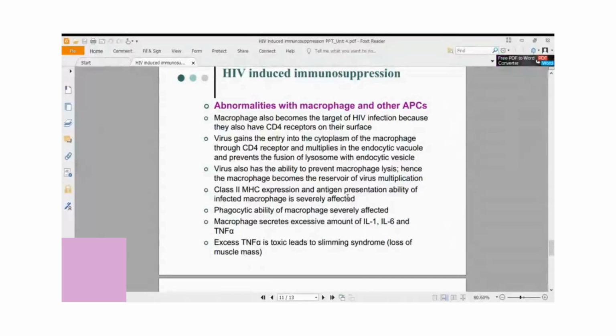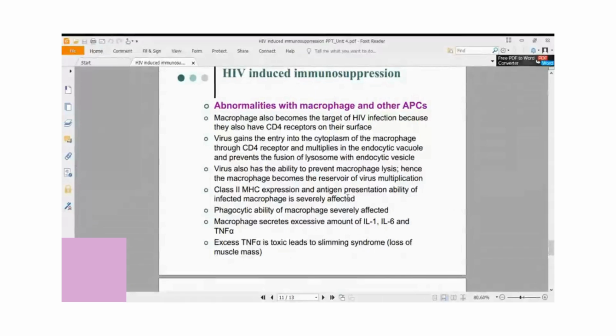IL-1 and IL-6 secreted in excess, and TNF alpha, will cause inflammatory response. It is responsible for a highly inflammatory response. But what is the use? That inflammatory response will not be able to curb the infection.